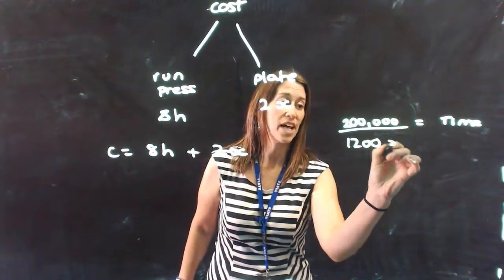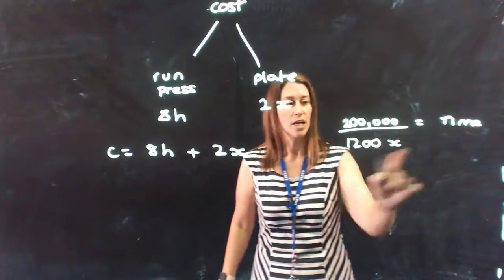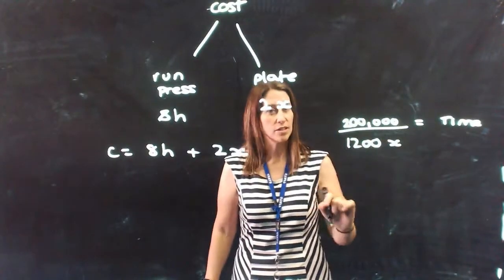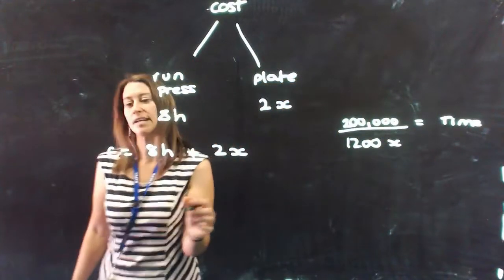If we had two plates, we'd have 1,200 on this one and 1,200 on this one per hour. And with 3 plates, you'd have 3 plates going. So the rate is 1,200X, because X is the number of plates that we need. So our time is 200,000 divided by 1,200X.